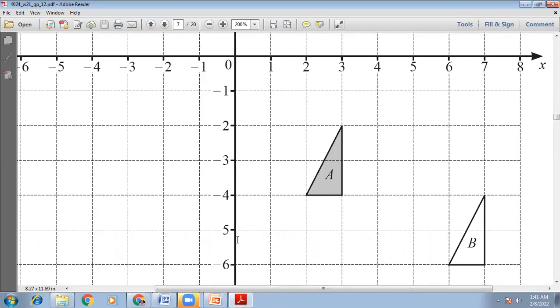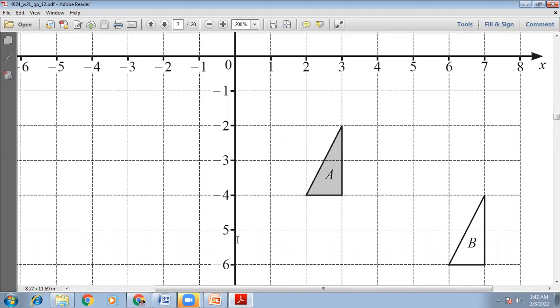The orientation of the triangles has not changed. The size of the triangles has not changed. So if the orientation and the size have not changed, that means it's a translation. A translation means that they have moved in a straight line.